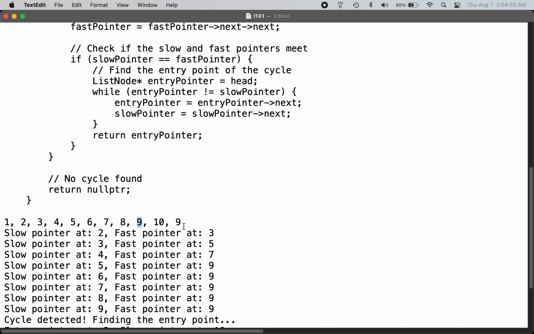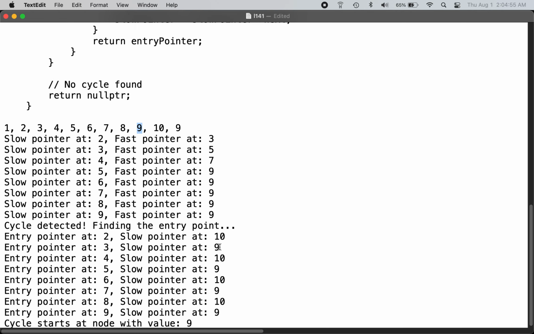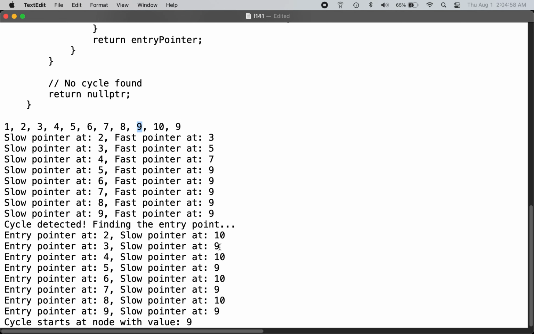So 9 and 10 are the cycle, and I ran this scenario where the slow pointer and the fast pointer meet at 9, and now you need to find out where the starting point is. At this point you start the entry pointer at 2, and the slow pointer keeps going around the cycle, and because of the offset you have to take it out.